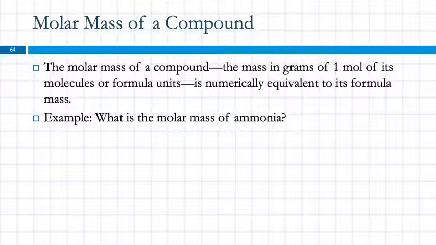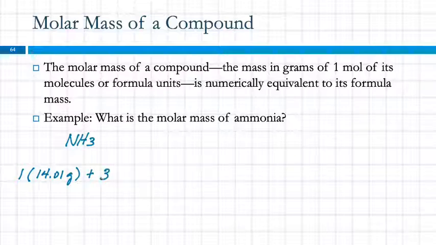So what's the molar mass of ammonia? What's the formula for ammonia? NH3. Because I told you to memorize it. So NH3, I've got 1 times the molar mass of nitrogen, so this is 14.01 grams, right?